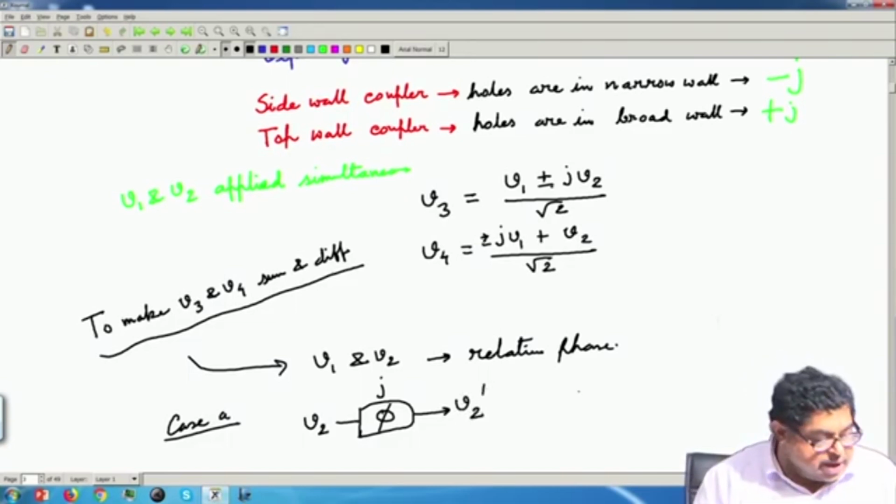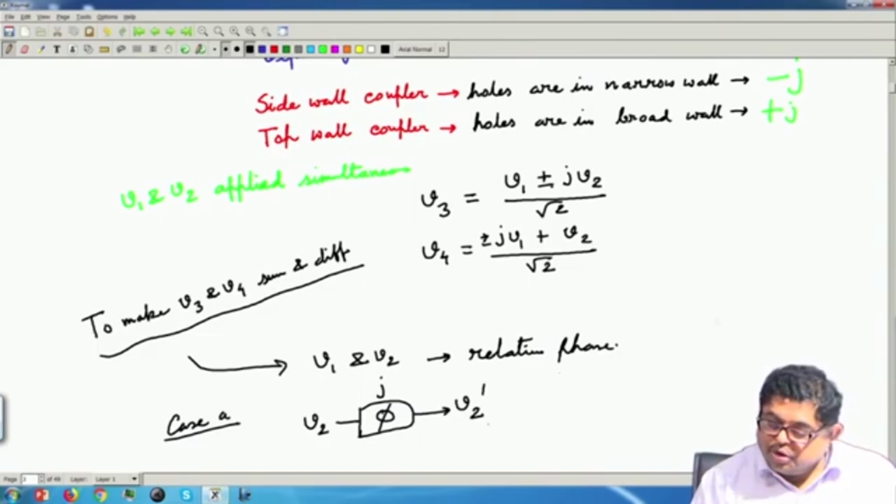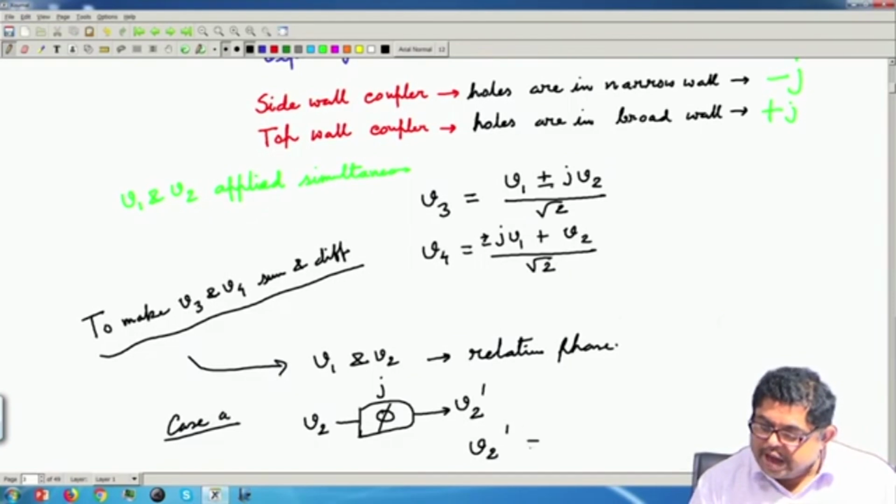That we apply to the directional coupler. That means V2 is delayed by 90 degree by a phase shifter preceding the input. So, what will be the output to port 2 of the coupler? What is the relation between V2 dash and V2? I can say j V2.